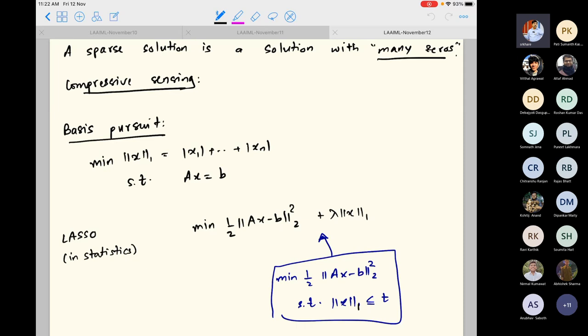And the third book that I'm mentioning today is a different book, on optimization and learning via alternating minimization, which comes in Foundations and Trends in Machine Learning. I think this book is available online.